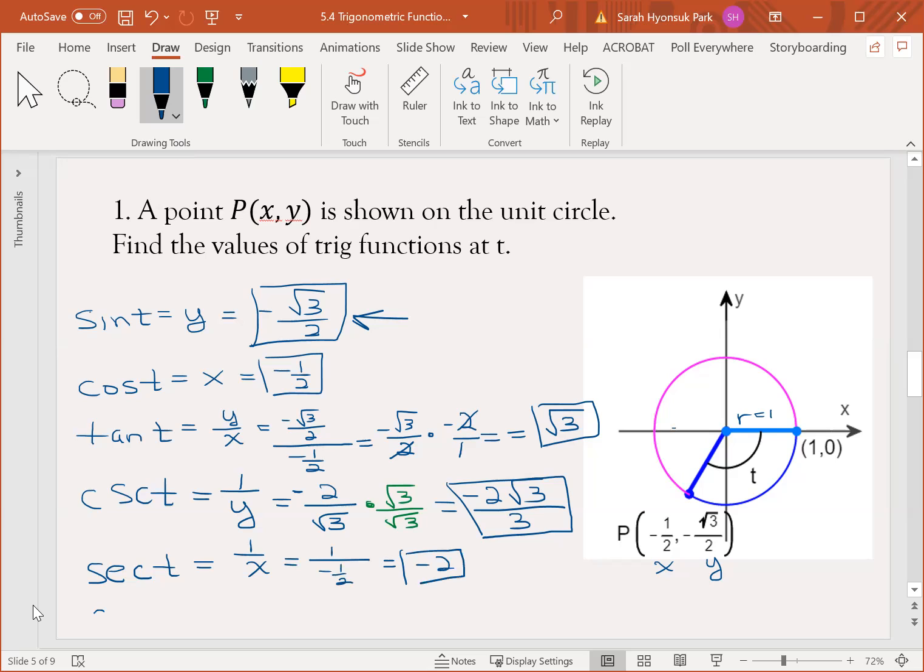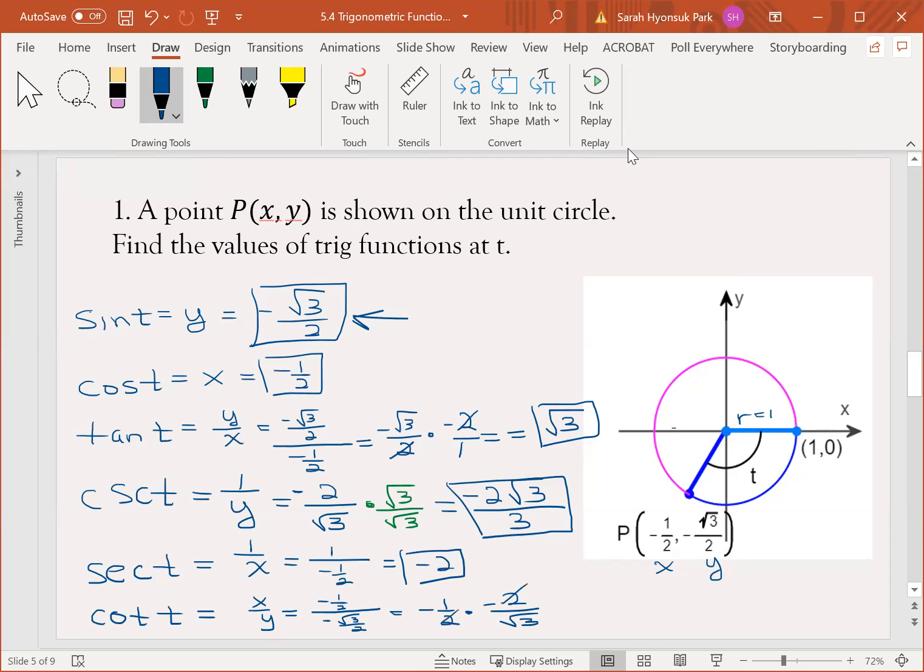Last but not least, we have the cotangent function. Cotangent is x over y. X in this case is -1/2. I'll try my best to squeeze this. And then y is -√3/2, which means I take the top, multiply by the reciprocal of the bottom, -2/√3.